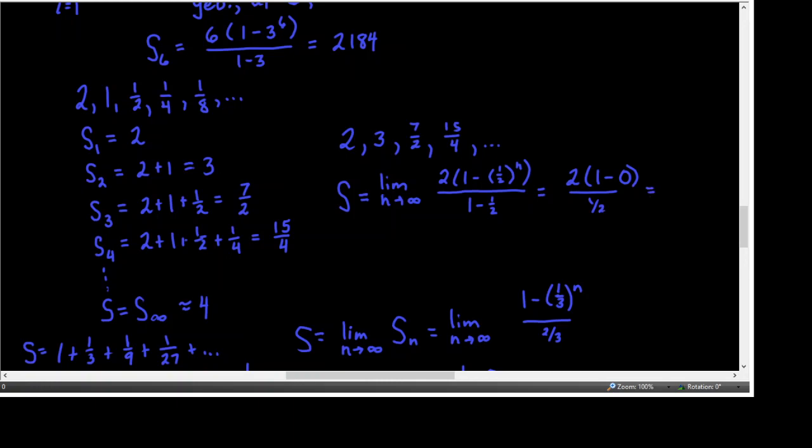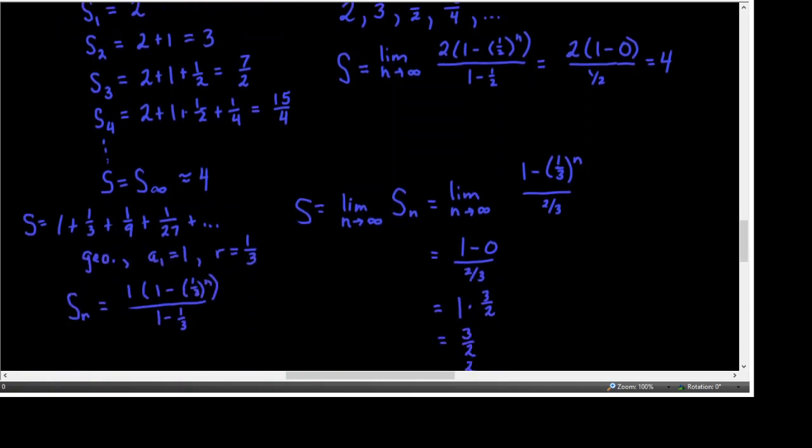And if you finish the arithmetic on this one, you actually do get 4. So what's happening is, because r is a fraction, if you multiply a fraction by itself over and over and over again, the answer just gets closer and closer to 0.